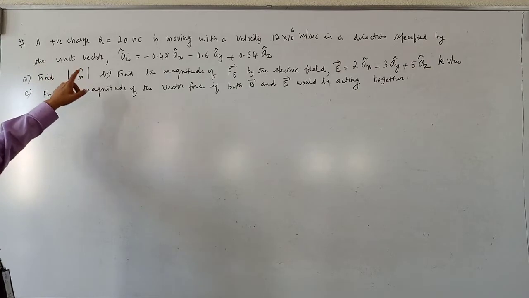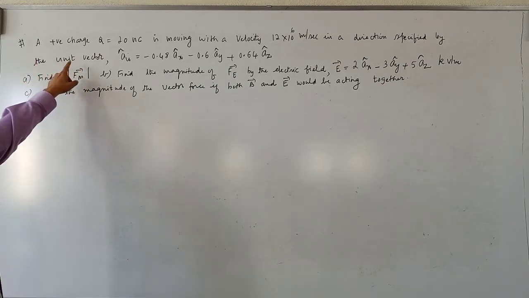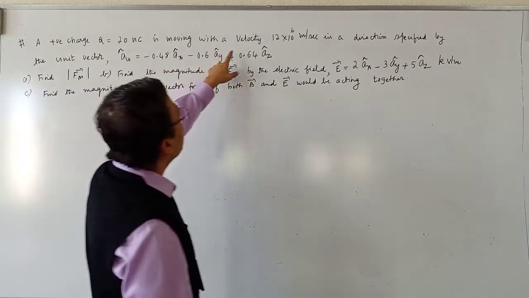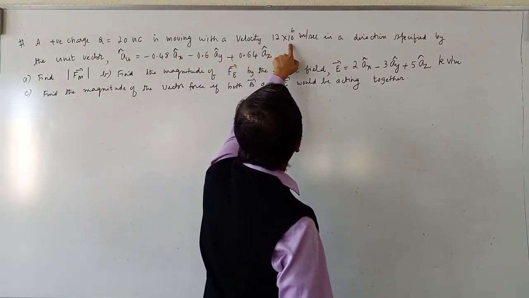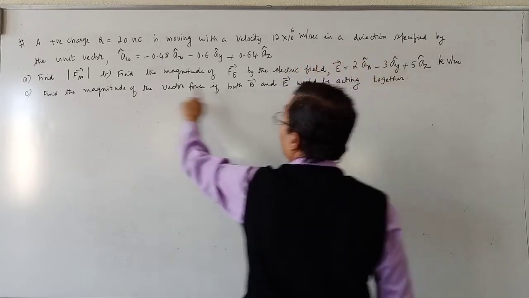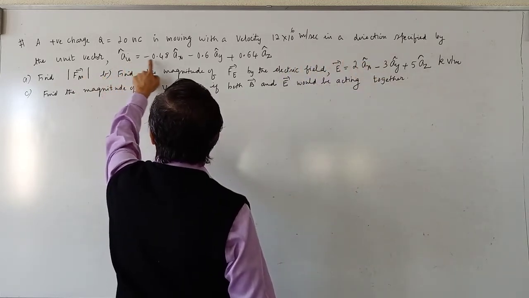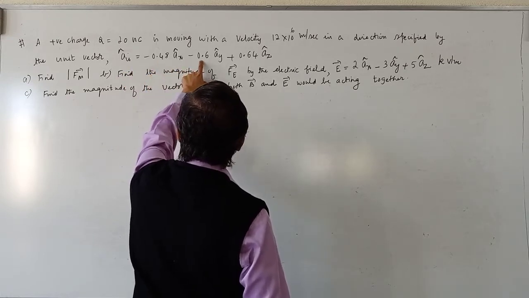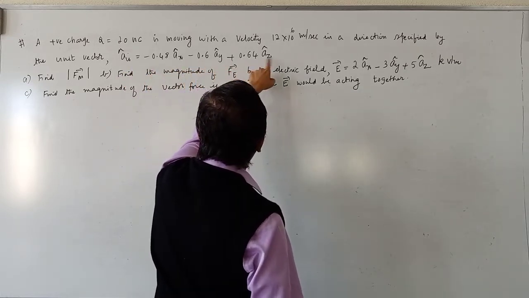We shall do a problem now. A positive charge Q equal to 20 nanocoulombs is moving with a velocity 12 into 10 to the power 6 meters per second in a direction specified by the unit vector aU equals minus 0.48 aX minus 0.6 aY plus 0.64 aZ.